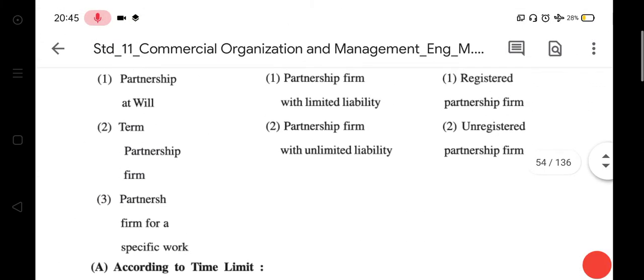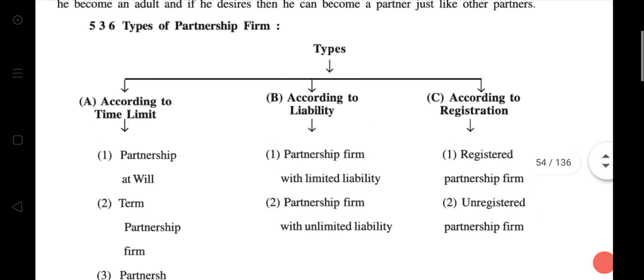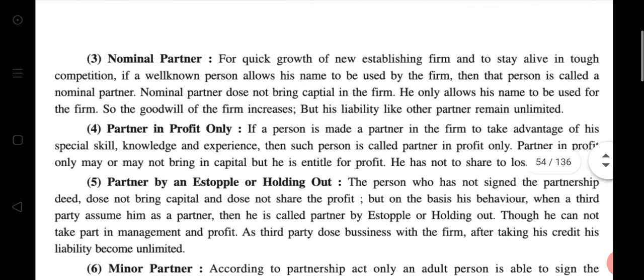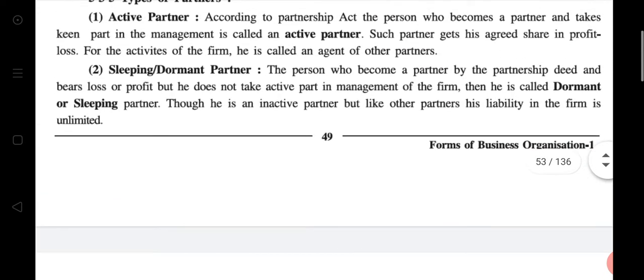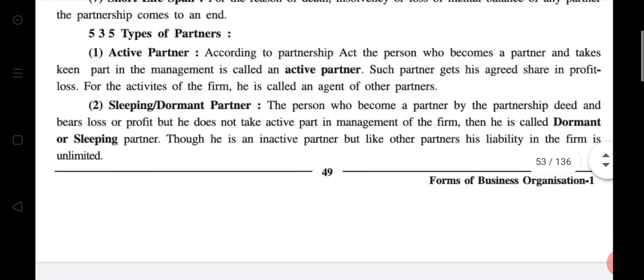So please, when I finish this chapter, try to see all the videos of this chapter, at least 7 to 8 lectures.